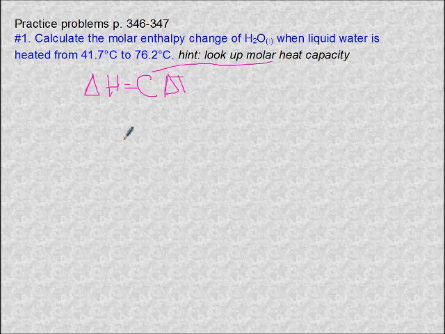For liquid water, it's 75.3 joules per K per mole. And I've just looked that up on page 343. There's Table 1. So look at that in your book and see how I found that. Temperature change.